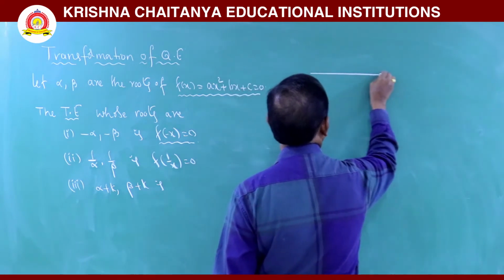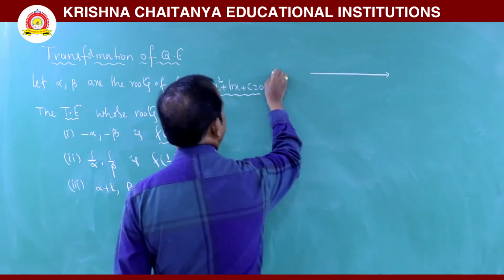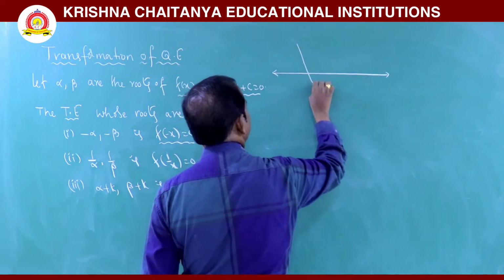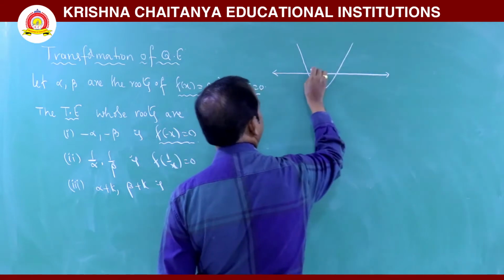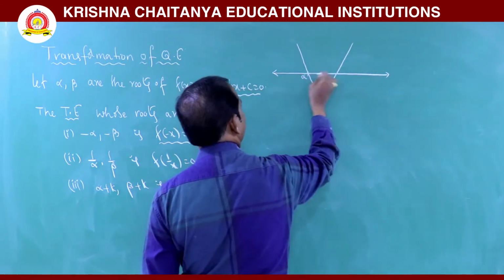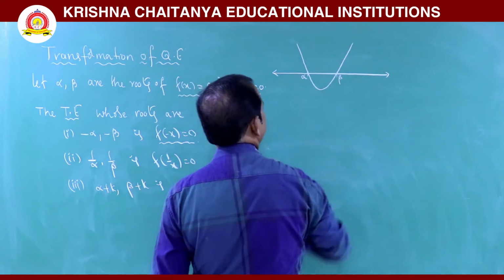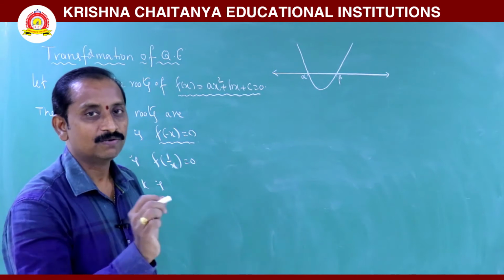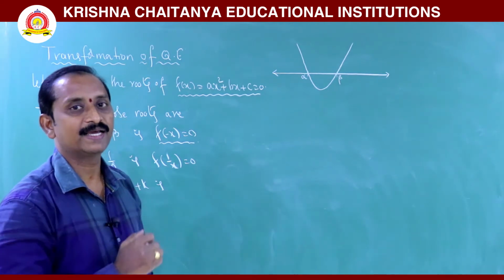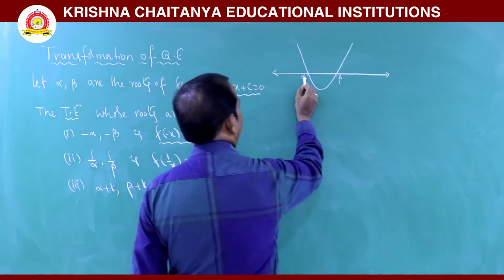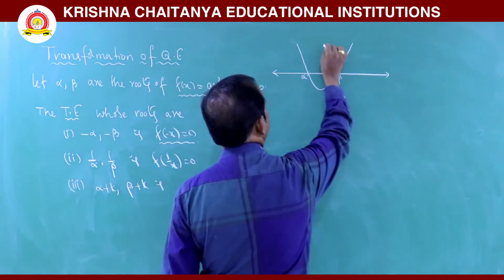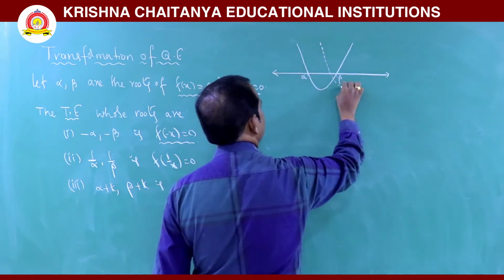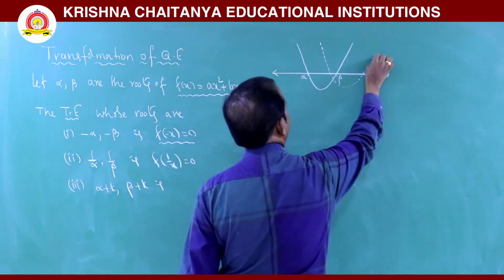We know that in the geometrical way, the required graph, if a greater than 0, the quadratic equation is nothing but like this. This is alpha and this is beta. What we need in this problem is the transformed equation whose roots are increased by k, alpha plus k, beta plus k, means the required transformed equation is nothing but like this.